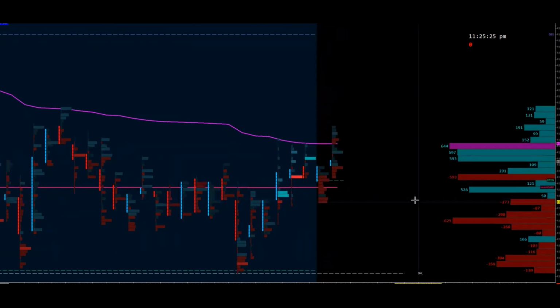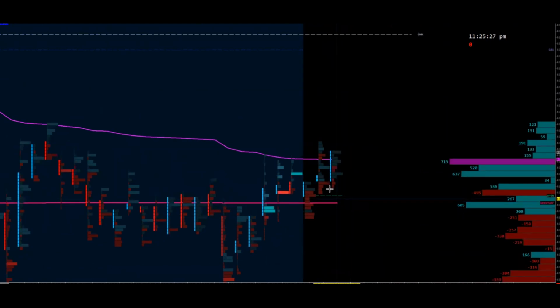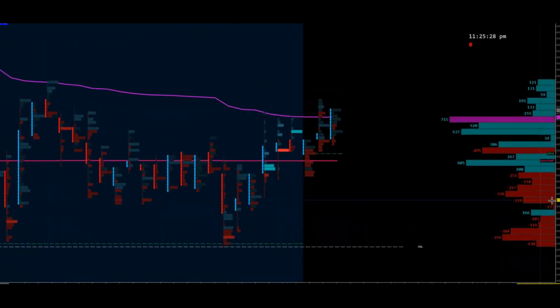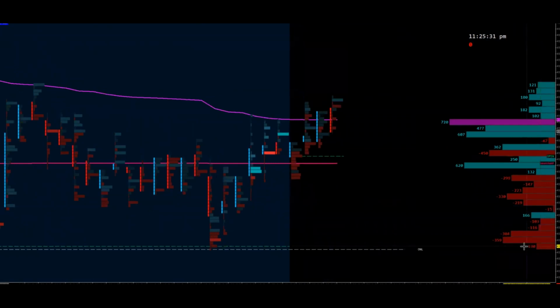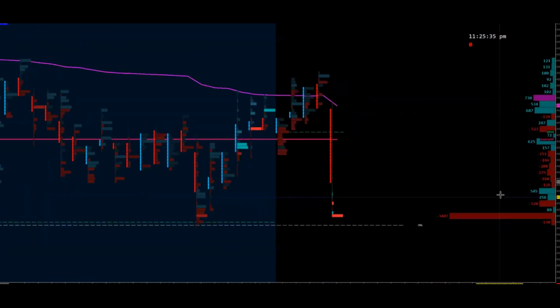So if we look at this here, as price oscillates into the RTH session, and we have all this sell delta down here, which pushes down into distribution. Now we have an outlier. Something I'd be looking for. Something that sticks out on the tape.